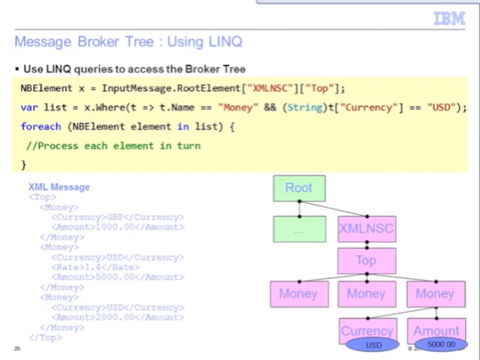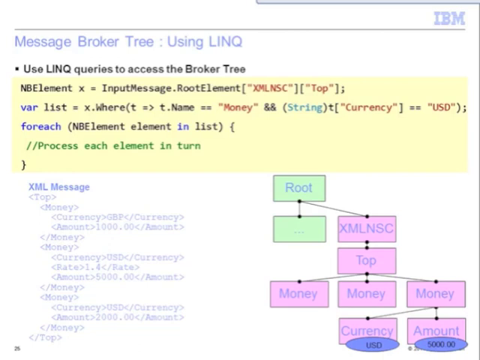Although that looks fairly complex, what it's actually doing is selecting all of the elements that have a name of money and also have a child element with a string value of USD. Looking at that particular message in that particular tree, that will match exactly 2 of those elements.